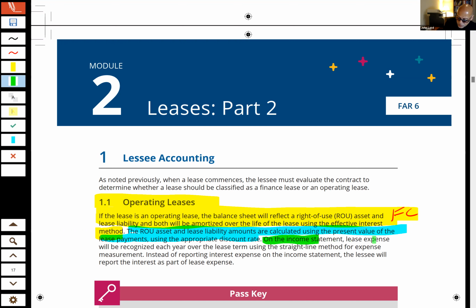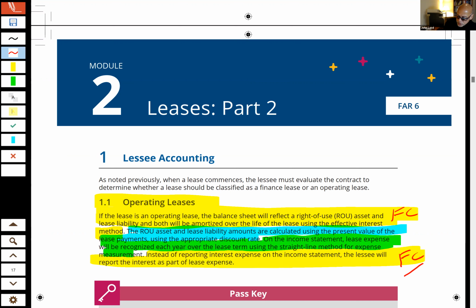Note that on the income statement, lease expense will be recognized each year using the straight line method for expense measurement, okay? And then important flashcard down here, instead of reporting interest expense on the income statement, the lessee will report interest as part of lease expense.